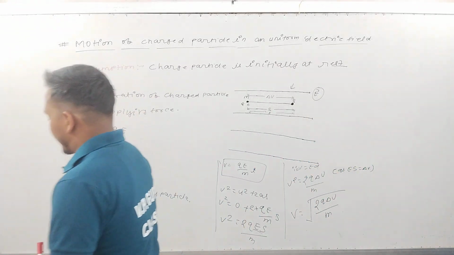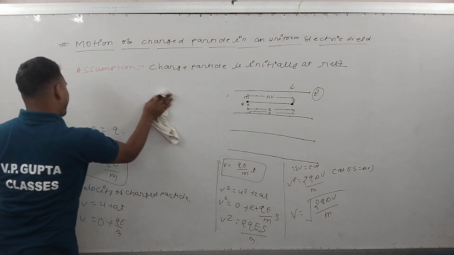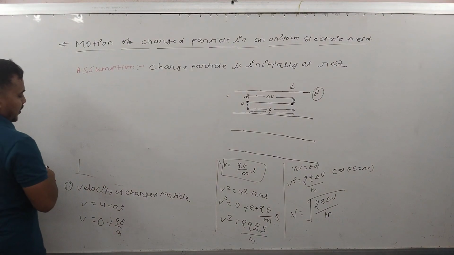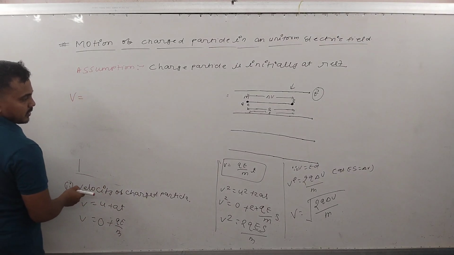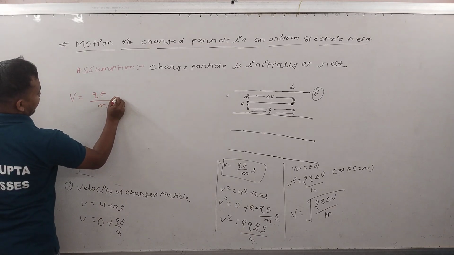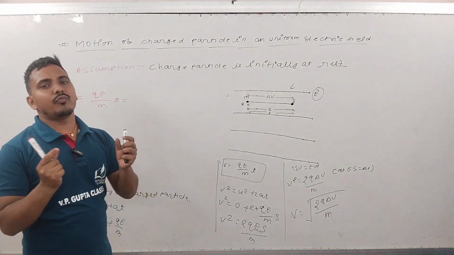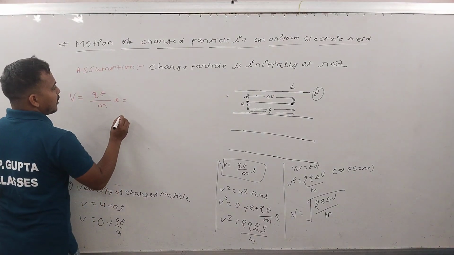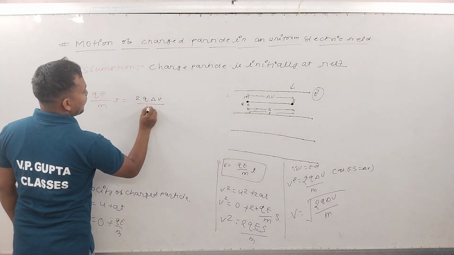And now we can say the velocity of a charged particle in a uniform electric field is, first of all in terms of time, v is equal to qE by m into t, and in terms of the potential difference between two points, we apply the formula under root of 2q del V by m.